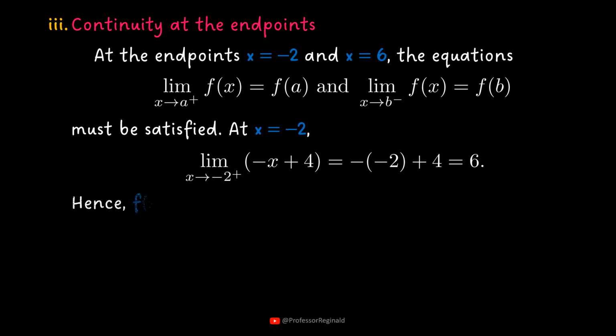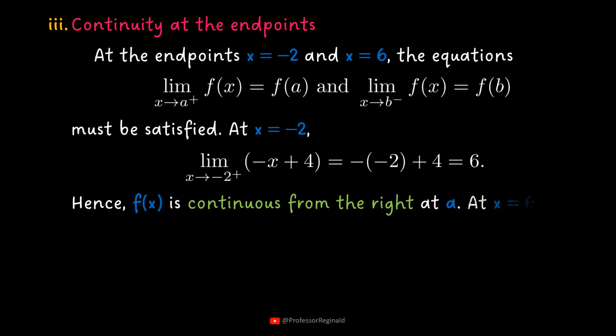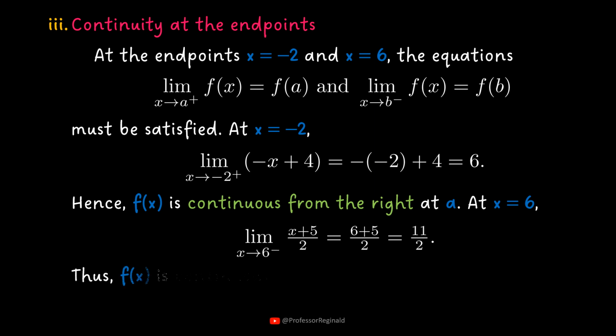Hence, f of x is continuous from the right at a. At x equals 6, the limit of (x + 5)/2, as x approaches 6 from the left, is equal to 11/2. Thus, f of x is continuous from the left at b.